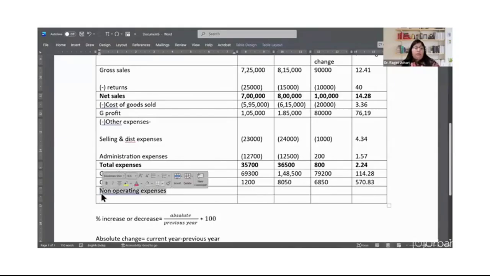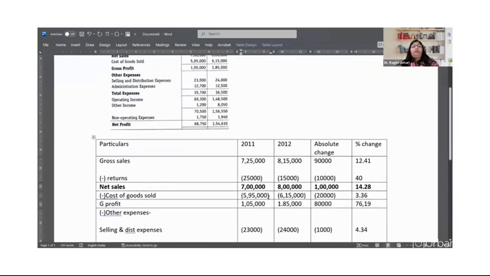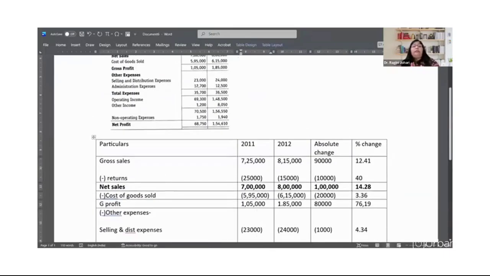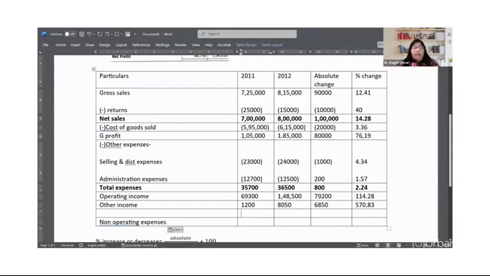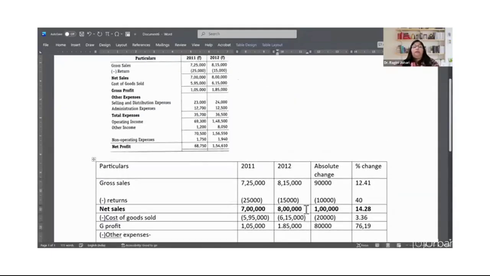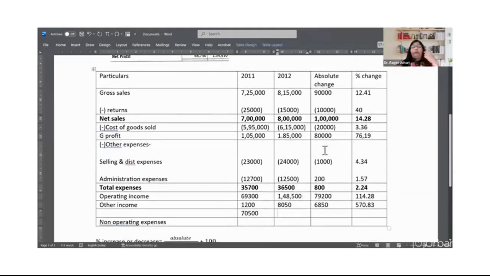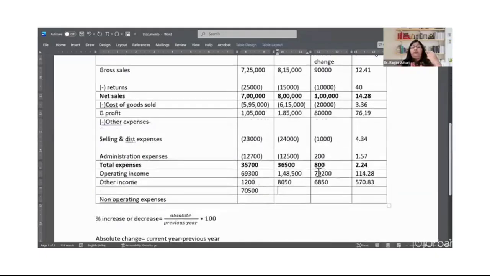Now this has to be added first and then we move. If we add all this, what do we get? 69,300 plus 1,200, added together, we get 70,500. And here we get 1,56,550.